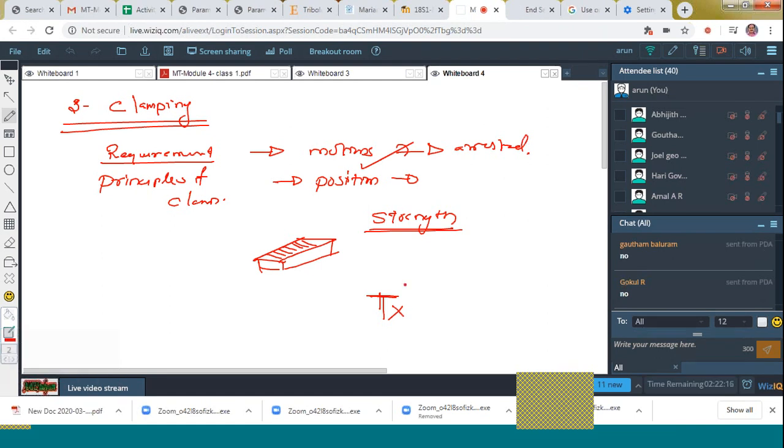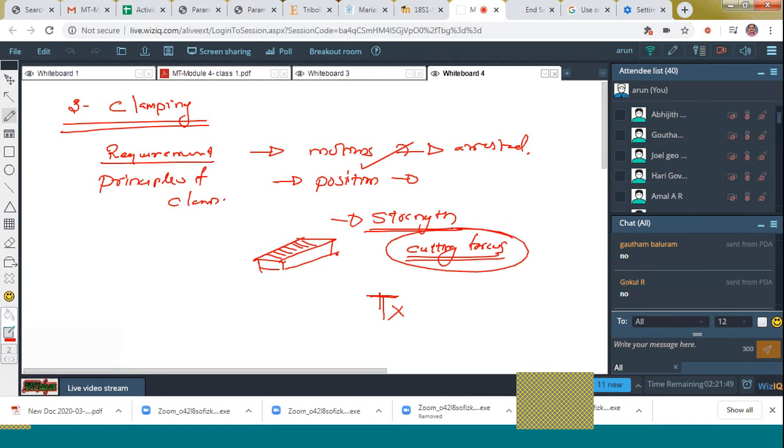So the clamp should be in such a way that it should arrest the workpiece properly. That means it should overcome the cutting forces. It should overcome the cutting forces. That is the thing. Got it? It should overcome the cutting forces. That is the case, the strength of the clamp. Up to this clear to all?